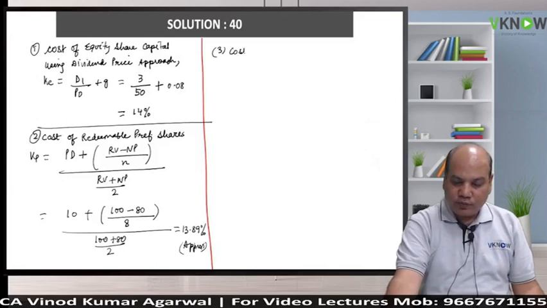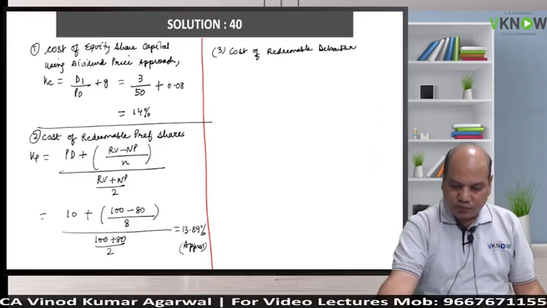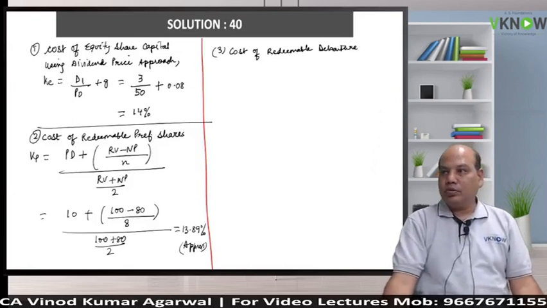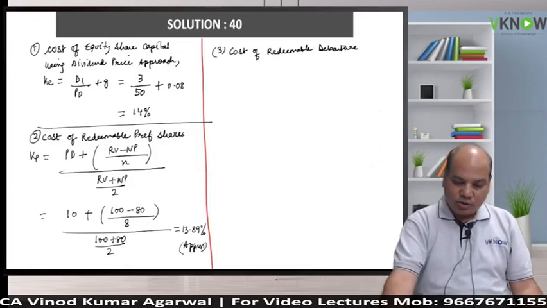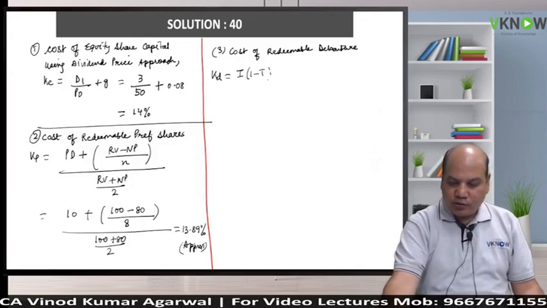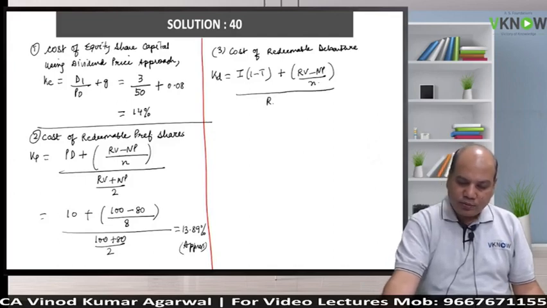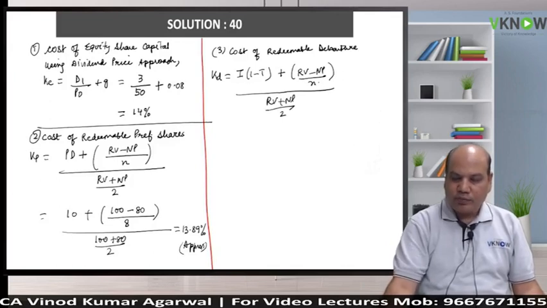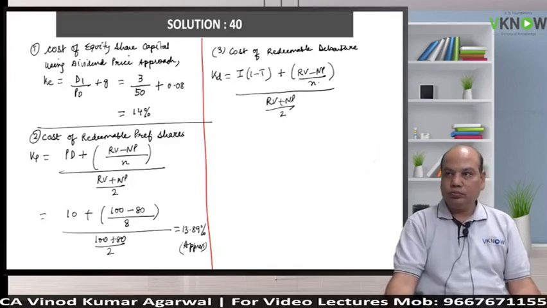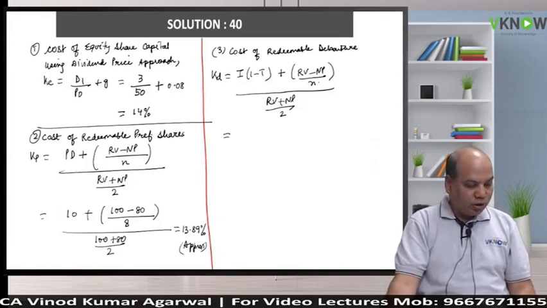So write down cost of redeemable debenture. Kd is equal to I into 1 minus T plus RV minus NP upon N, upon RV plus NP by 2. How much is the interest rate? 13% of 100, 13 rupees.